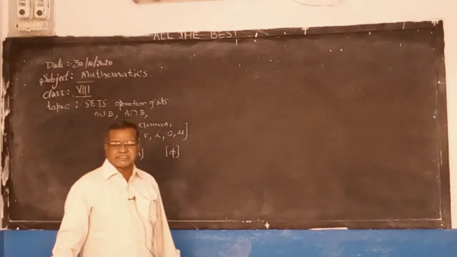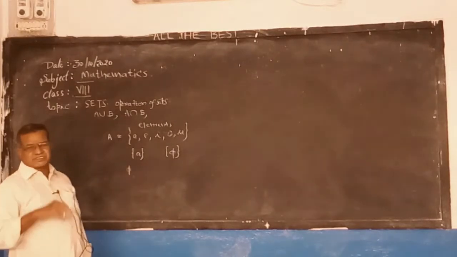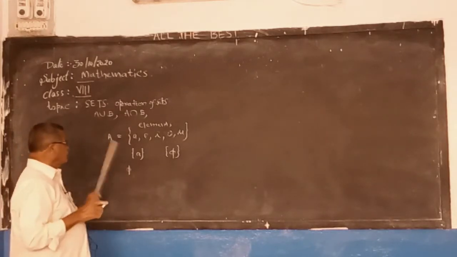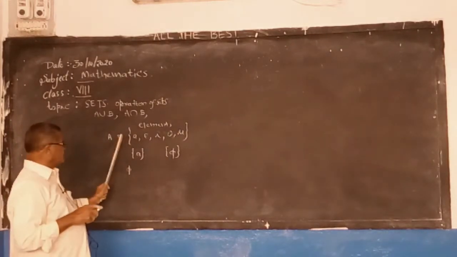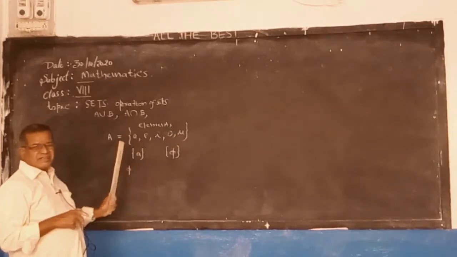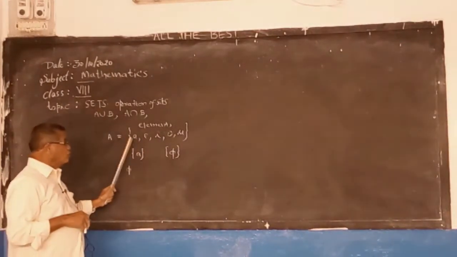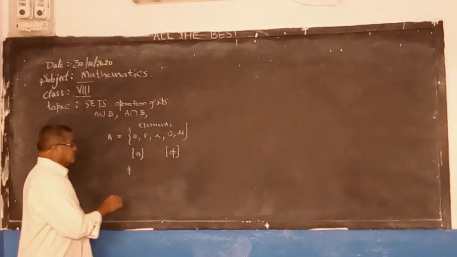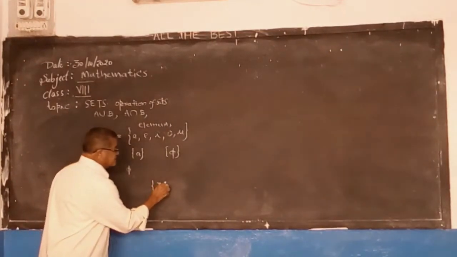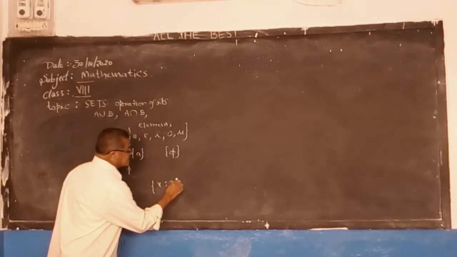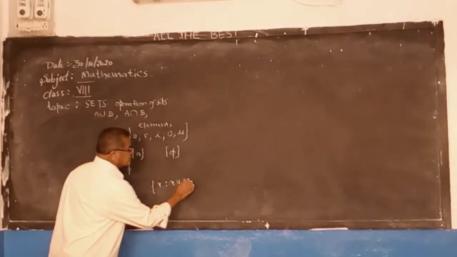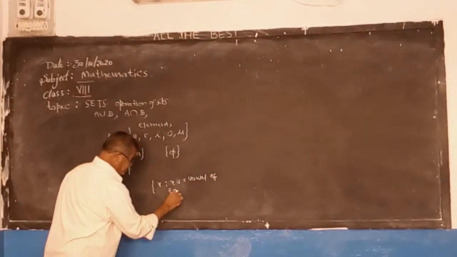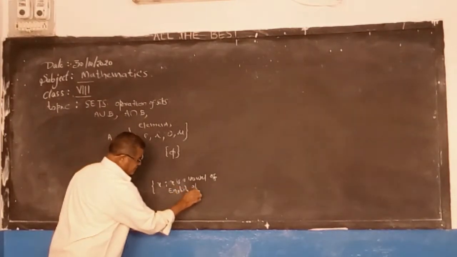These sets are expressed in two forms. One is Roster form, the other is set-builder form. In Roster form, we know all the elements. And in set-builder form, we write the rule of the objects: x such that x is a vowel of the English alphabet.